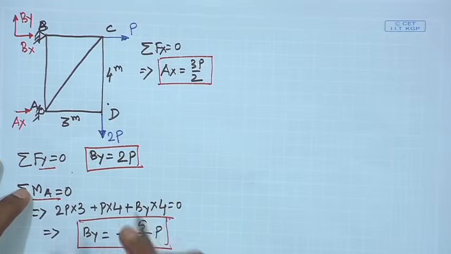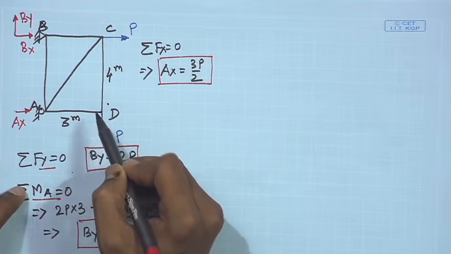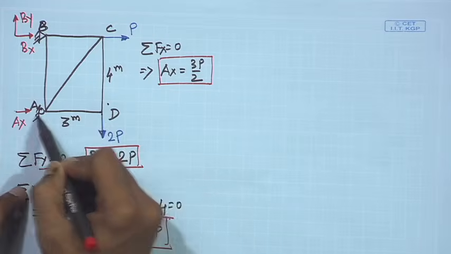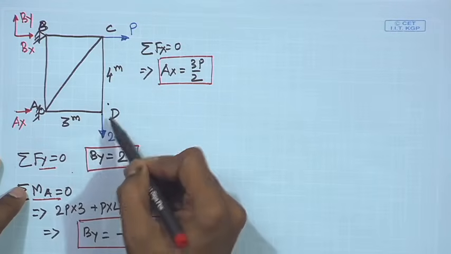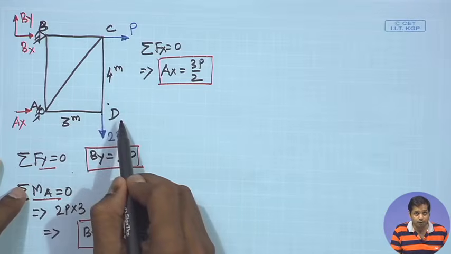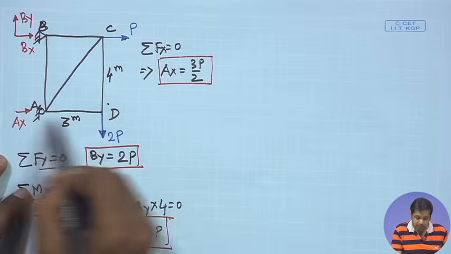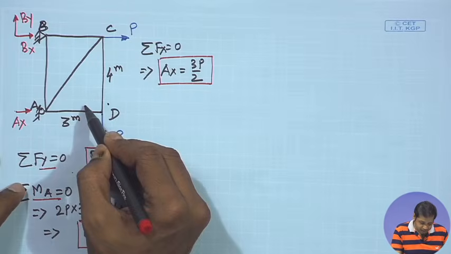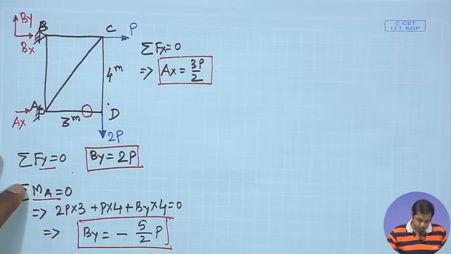For instance, if you take joint D, the forces are the member force in AD, the member force in CD, which is in the vertical direction, and the vertical load 2P. There is no horizontal force which can balance the horizontal force in member AD, so naturally the force in this member will be 0. So member AD is a zero force member.